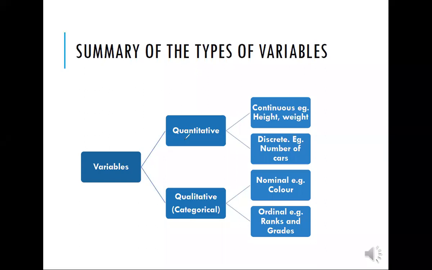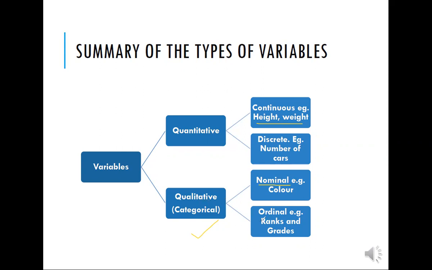Variables, we have quantitative, we have qualitative. Then in quantitative, we have variables like weight, height, which are continuous quantitative variables. And then we have number of children, number of cars, as discrete quantitative variables. Then when we go to the qualitative, which is this side, we have those with no order, like gender, like nationality, they are nominal.